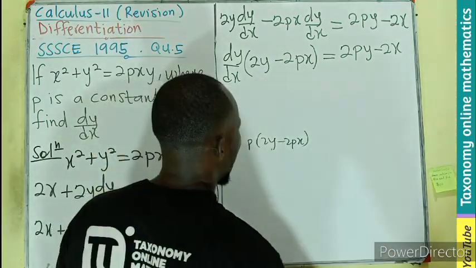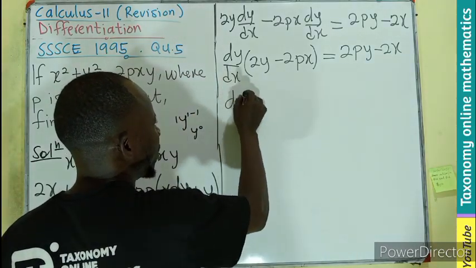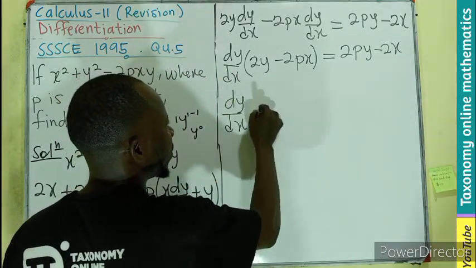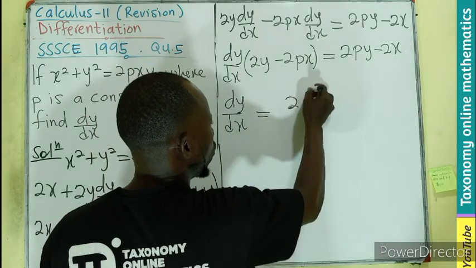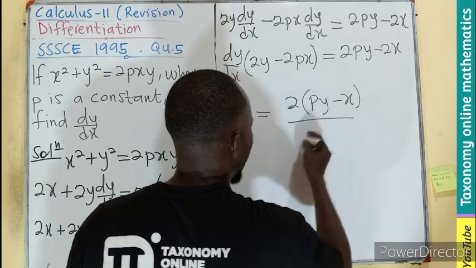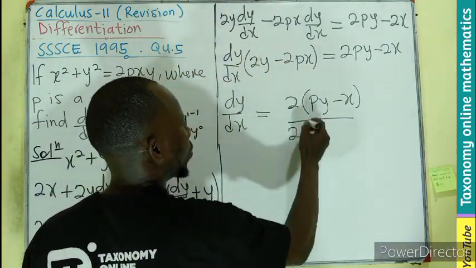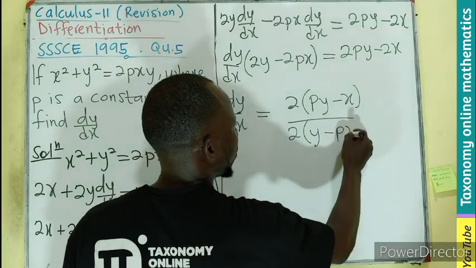Dividing both sides by the bracket will leave us with dy/dx equals 2 into bracket (py minus x) divided by 2 out, (y minus px).